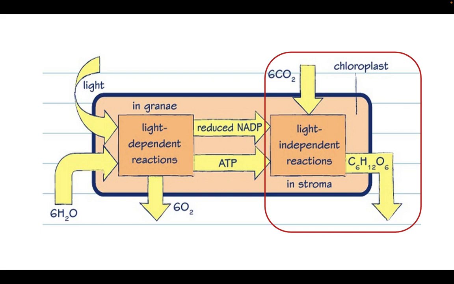They can happen, however, during the day or during the night in the plant. In essence, this is where you are going to take carbon dioxide, and you're going to use energy which we captured in those two molecules to produce glucose, or it could be other types of carbohydrates. And this stage is happening in the stroma in the chloroplast, as you can see.